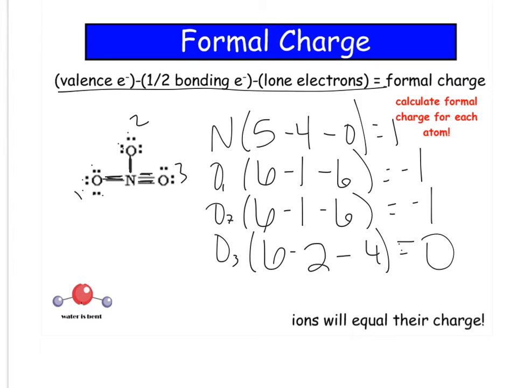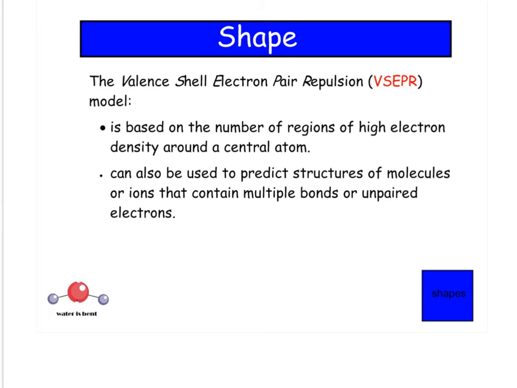So that's good. So overall, these are pretty close to 0. So this, I would say, is the correct structure. Now, if you drew a structure and you calculated like a 2 or a 3, then you probably drew the wrong structure.